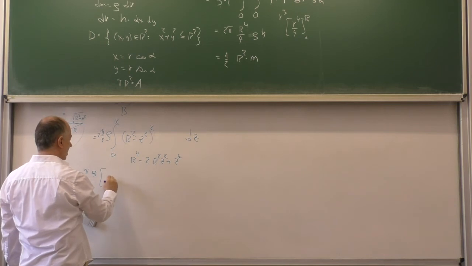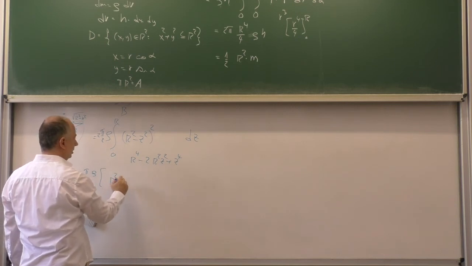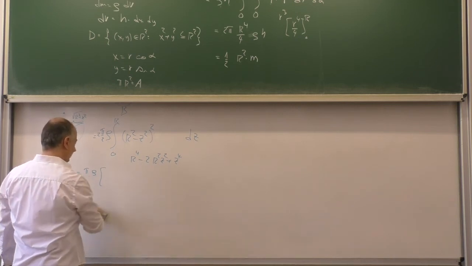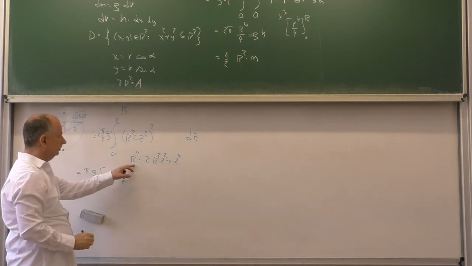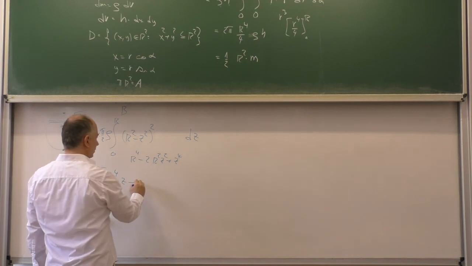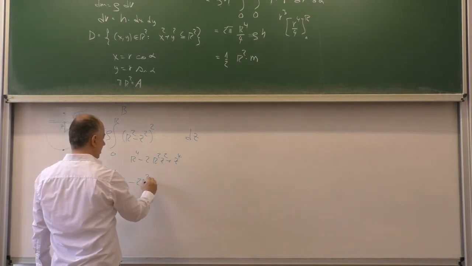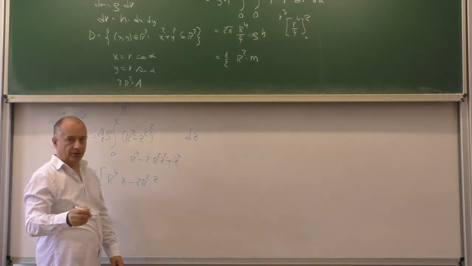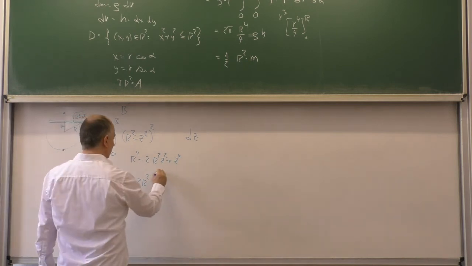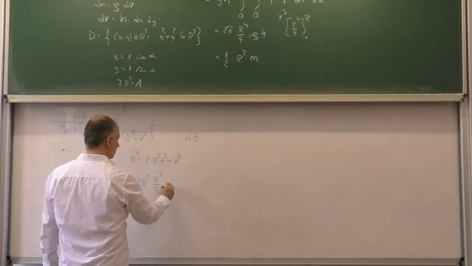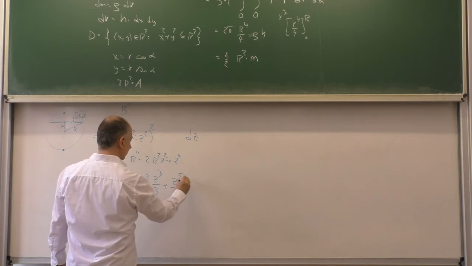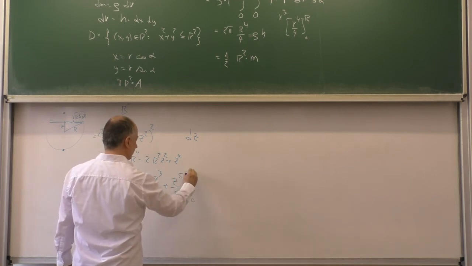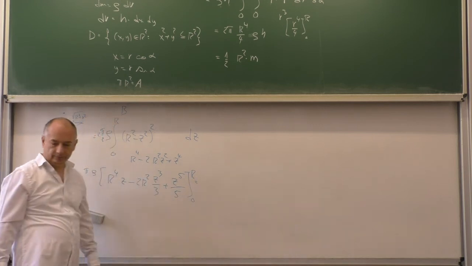So we have R to the 4 times z minus 2R squared, and the integral of z squared is z cubed over 3, plus z to the power of 5 divided by 5, from 0 to R this way.